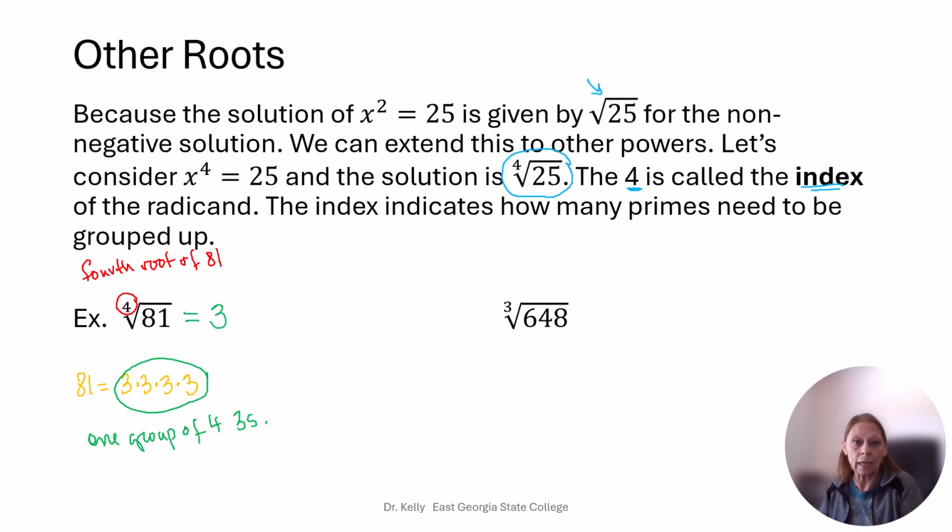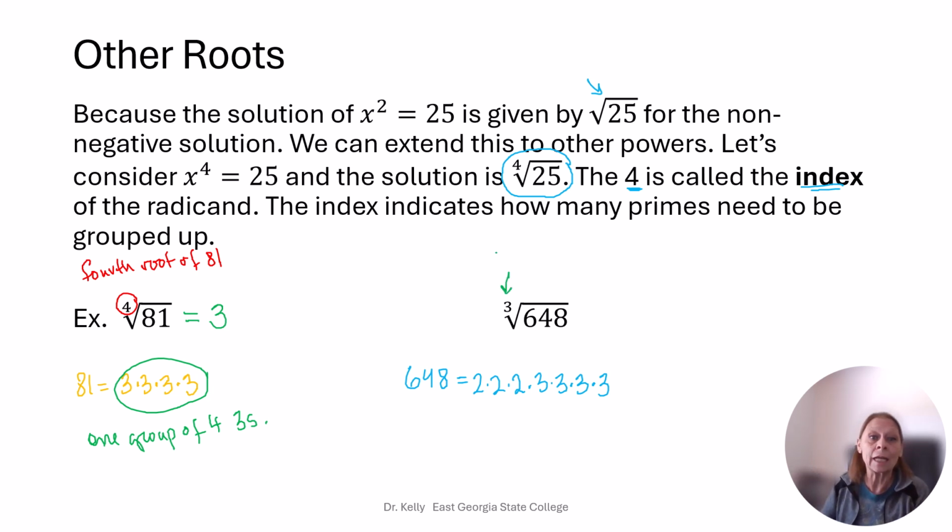Let's take a look at this next one here. I have 648. If we write out the prime factorization of 648, which I did here so I don't have to crank it out, that's going to be 2 times 2 times 2 times 3 times 3 times 3 times 3. So that's what we get here, and now we're pulling out.